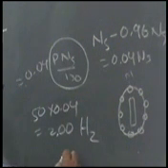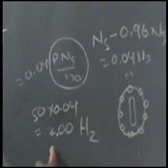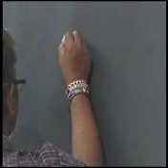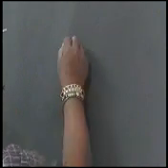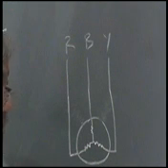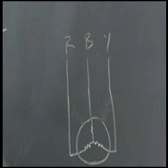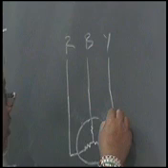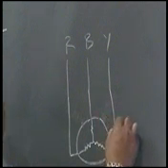How can the reversing of the motor be done? Say this is R. If they are connected in this way, and the motor is turning in the clockwise direction, then for reversing, what do we have to do?